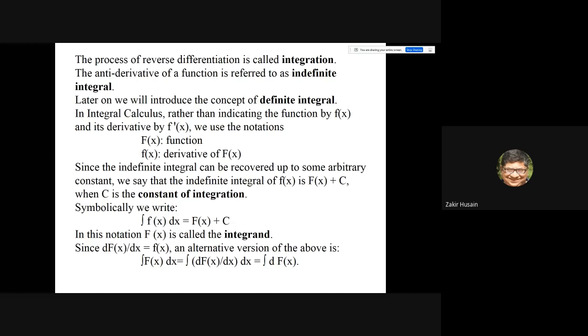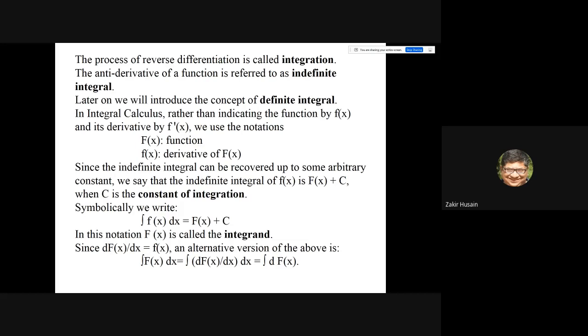Now, an alternative version of this is the integral of capital F'(x) dx is equal to the integral of, within brackets, dF/dx times dx, equal to the integral of dF. Okay, and you can see the logic is this. We're using this relationship that the derivative of capital F(x) is equal to small f(x).